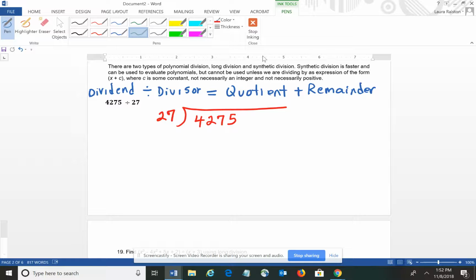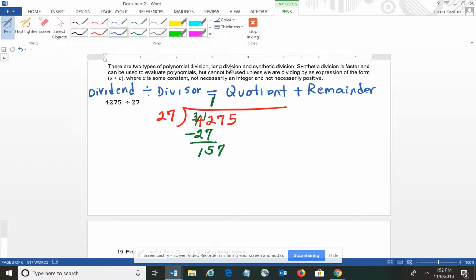How many times will 27 go into 42? It goes one time. 1 times 27 is 27. We draw the line and change the sign because we're supposed to subtract. 12 minus 7 is 5. 3 minus 2 is 1. We get 15. And we bring down the next number. Then we go through it again.